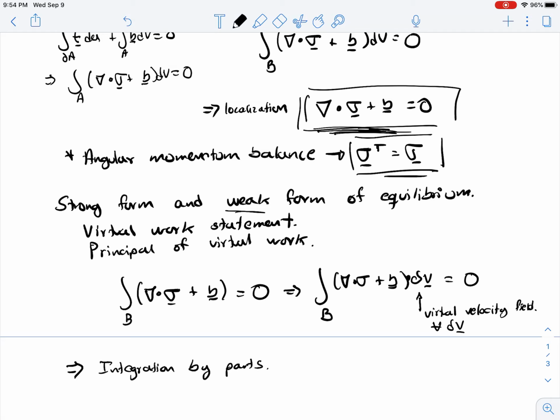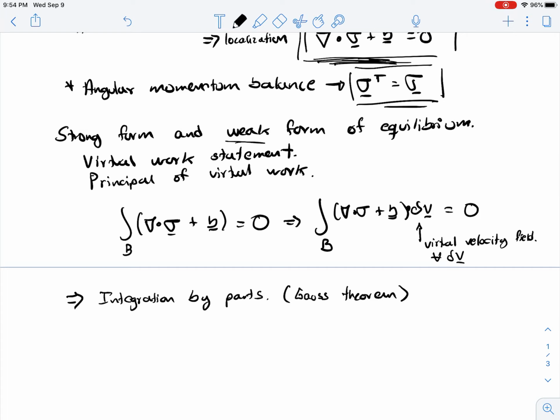Or the equivalent of integration by parts, I think it's Gauss theorem or Green's theorem, I should check this. We're going to split into integrals over the boundary and integrals over the domain. In particular, with this divergence, we take one of those derivatives and pass it to the weighting function.